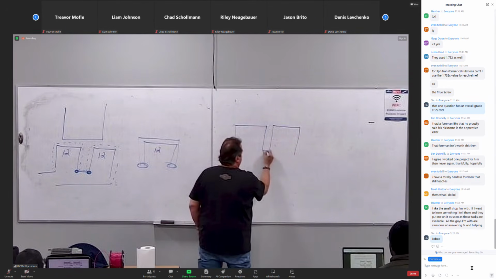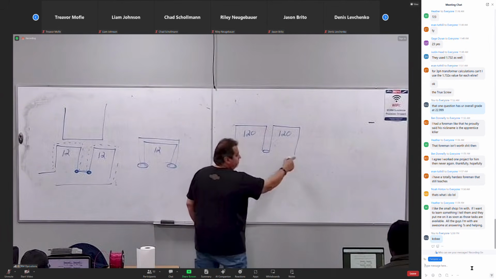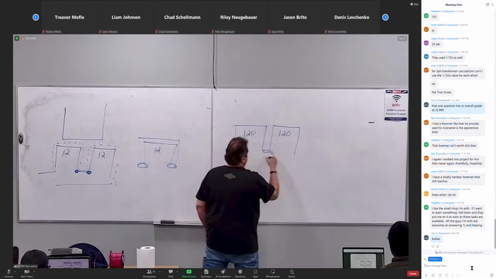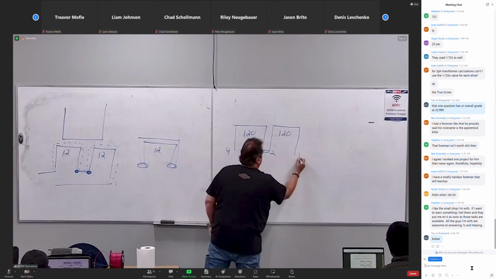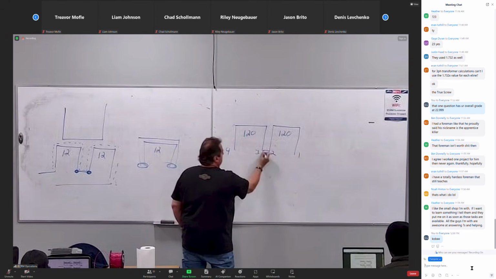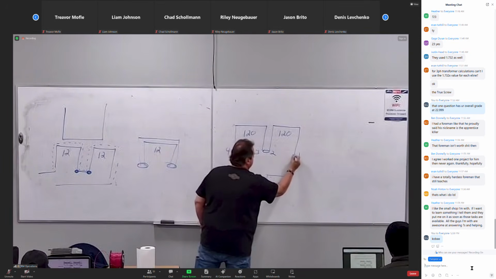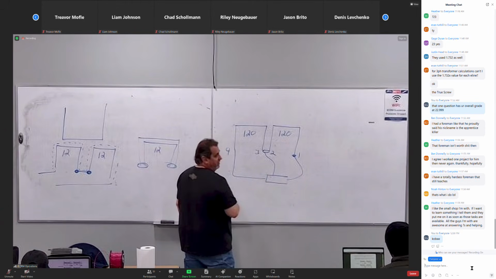So what we do here, this is worth 120 and this is worth 120. They did 4, 3, 2, 1, same difference. So if I go to the load, this and this give me my 240. If I take this wire down too, then it gives me my 120.